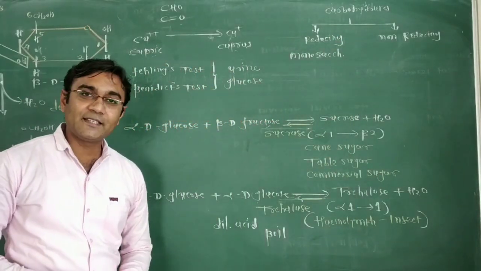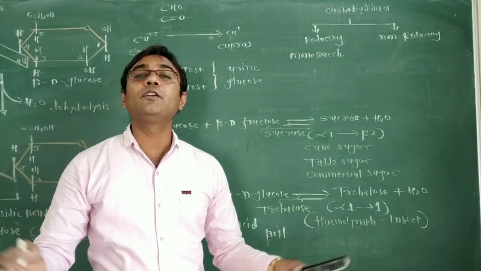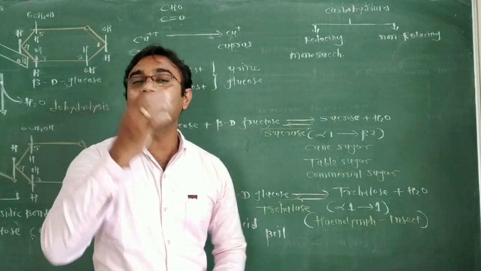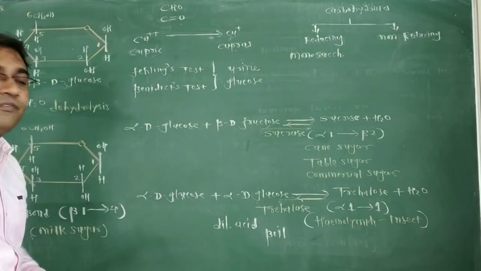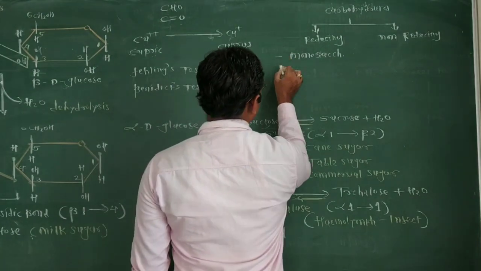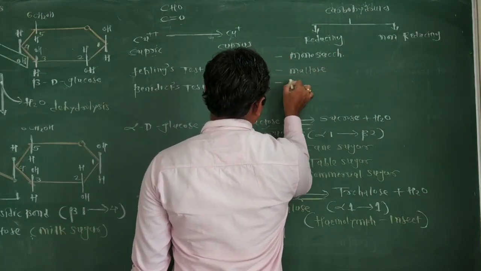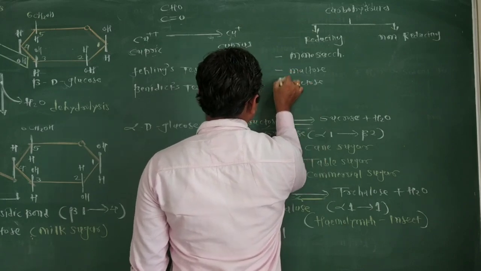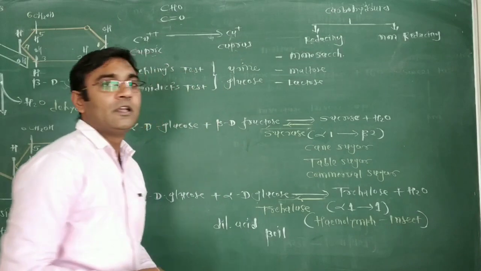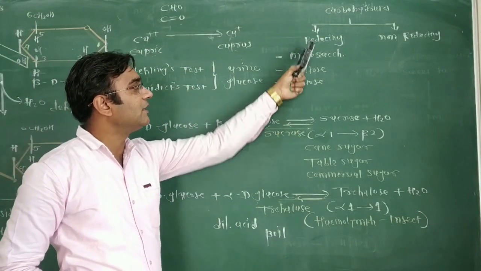Now disaccharides: we know clearly, in the structure of maltose and lactose, at the first carbon, this side, the CHO group is free, so maltose and lactose are also reducing. So all monosaccharides plus the disaccharides maltose and lactose are reducing.